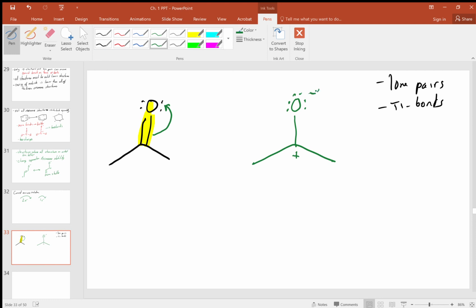It's going to be negative. But notice that we started with a neutral molecule, and if we add up all of the charges within our resonance structure, we still have a neutral molecule. And that should always be the case for resonance.